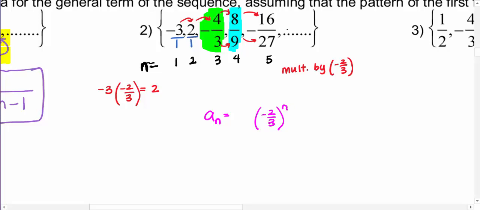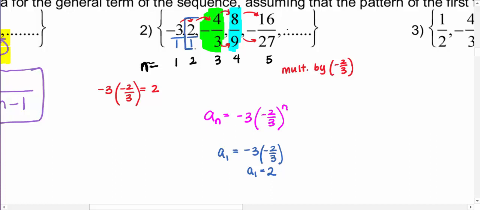Well, what are we repeatedly multiplying something by? Let's start with the first term and just see if this works. Okay? So now check it, because again, you can't just guess, right? You have to check. So if I put a sub 1, if I put a 1 in here, I get negative 3 times negative 2/3 to the first, or in other words, I'm saying that my first term is 2.